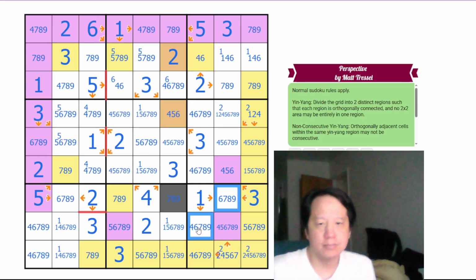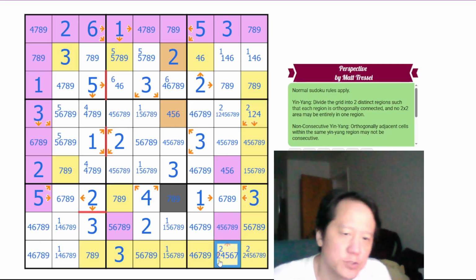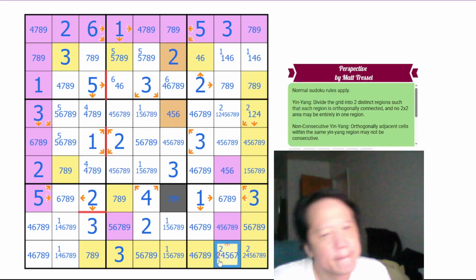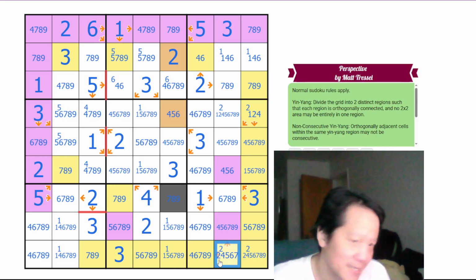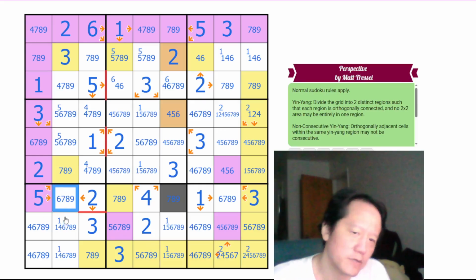If this is 2, then this also has to be a 2. Okay. Does that help us any? I don't really know. If this is 6, this then has to be different regions, so this would be yellow.